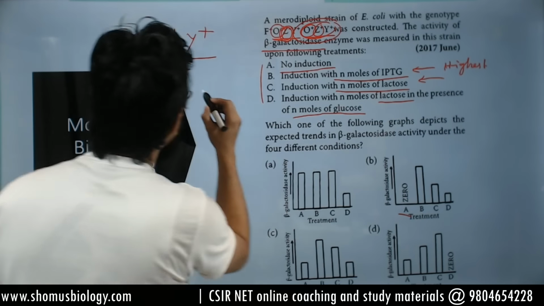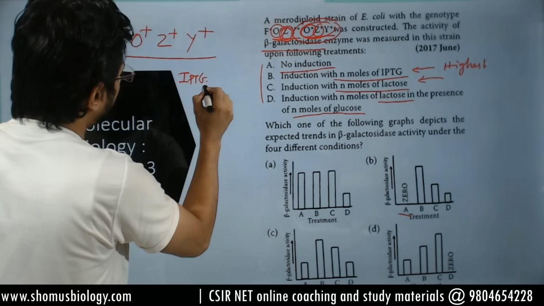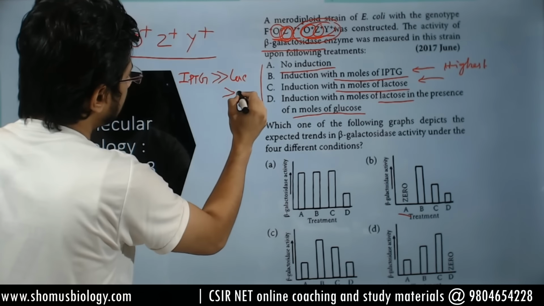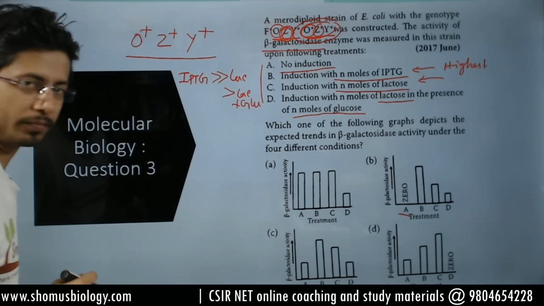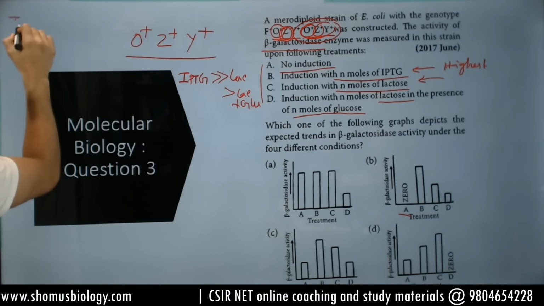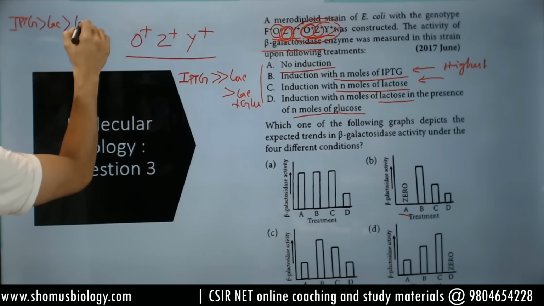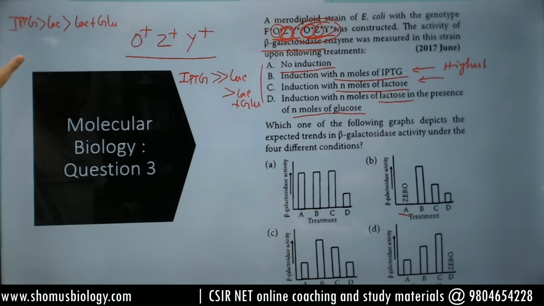So as per induction of this operon: IPTG highest induction, then lactose, then lactose plus glucose. Let me write it here: IPTG, lactose only, lactose plus glucose. This is the normal scheme, okay.